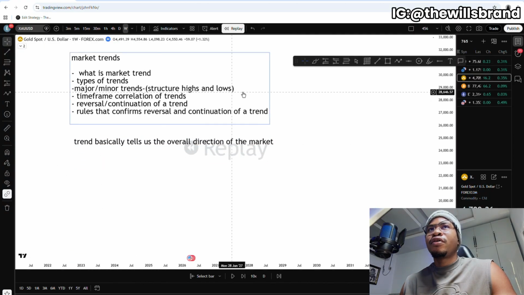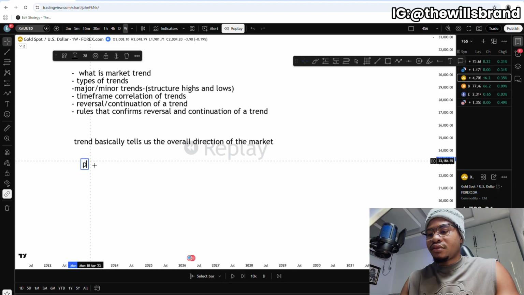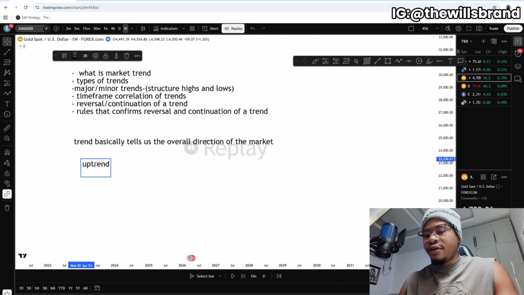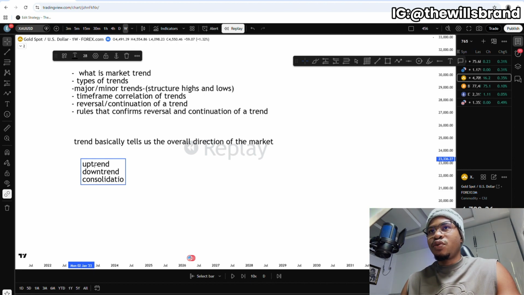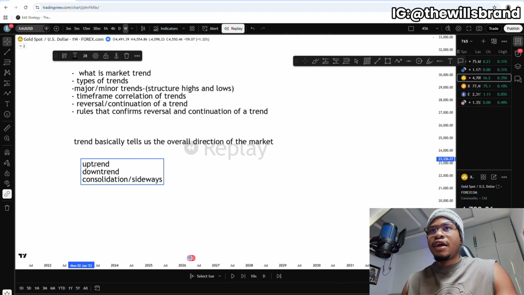Under type of trends, we have uptrend, we have downtrend, and we have consolidation. You can as well call this the sideways market. So we have consolidation or the sideways market. We'll be breaking down every one of these types of trend one after the other.